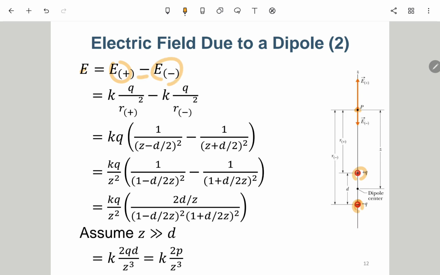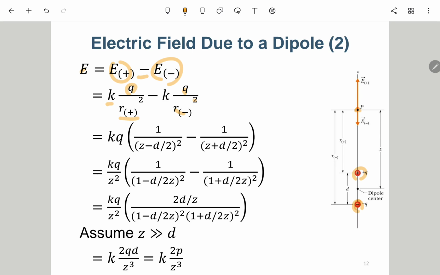Here we just need to use the original equation. We have K times Q over R plus square, and similarly E minus will be K times Q over R minus square. Both of them have the same charge magnitude but with opposite direction, so we only use Q for them.